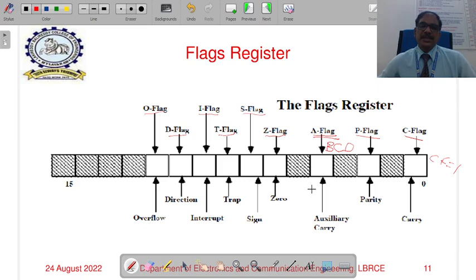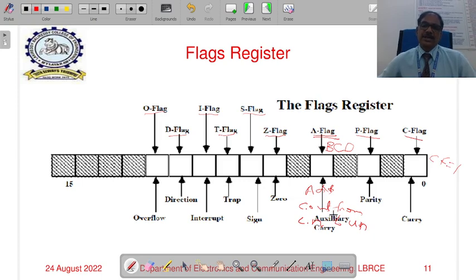During the BCD addition, if there is a carry out from the lower nibble to the upper nibble, that is from the 3rd bit to the 4th bit. Bits 0, 1, 2, 3 belong to the lower nibble, and bits 4, 5, 6, 7 belong to the upper nibble.